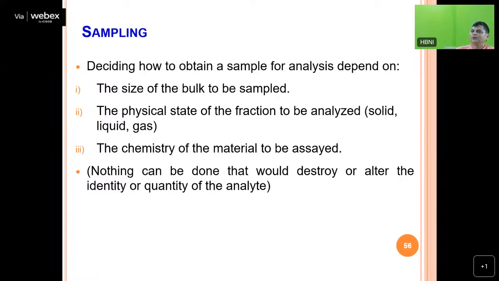I'll give you one or two examples. What is the meaning of this? Nothing can be done that would destroy or alter the identity or quantity of the analyte.